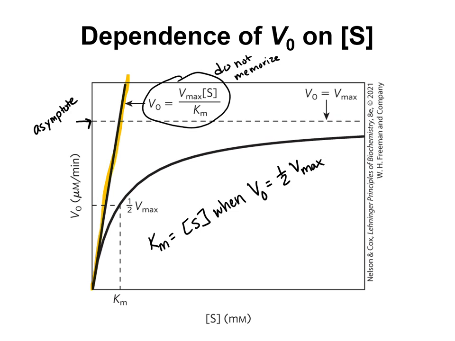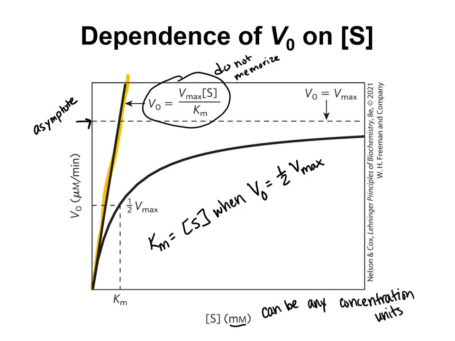So when you're looking at one of these curves, you'll be able to kind of get your bearings. The x-axis is always going to be substrate concentration. So this is millimolar, but it can be any concentration units.